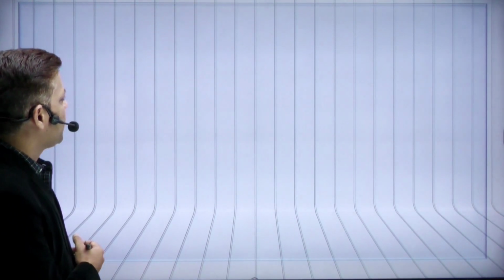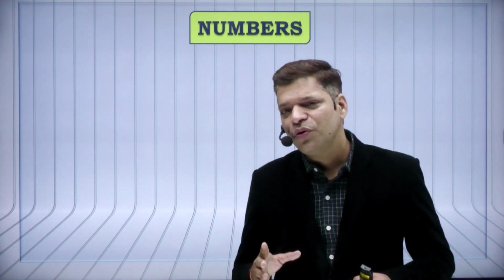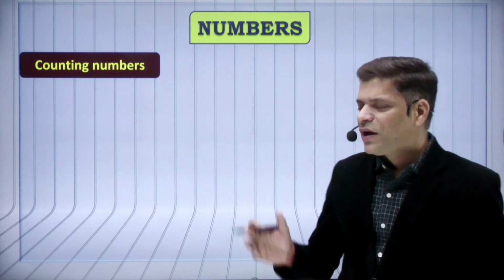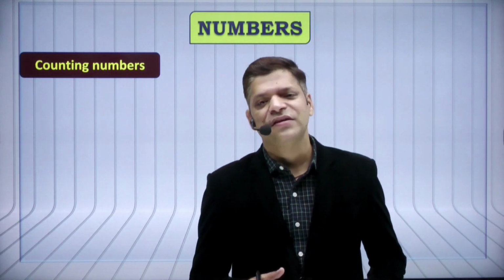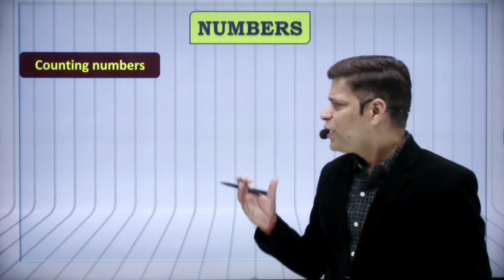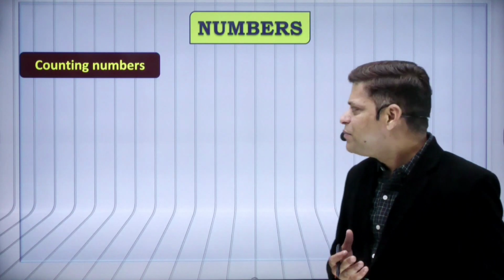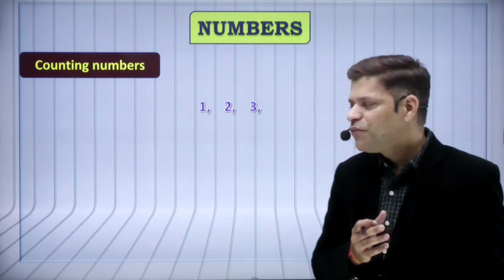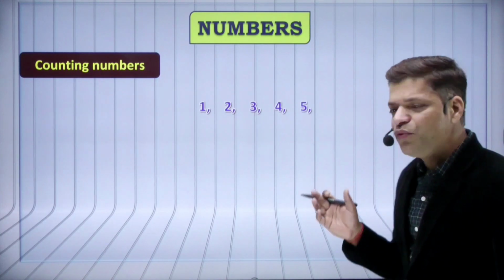So here, numbers. First we should know where the numbers start. As we know, in our daily life we discuss counting numbers. So what are the counting numbers? The counting numbers are 1, 2, 3, 4, 5 and so on.